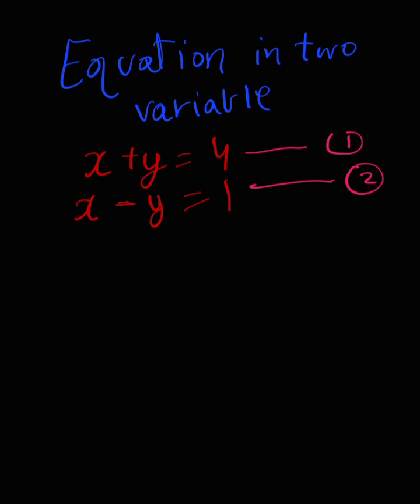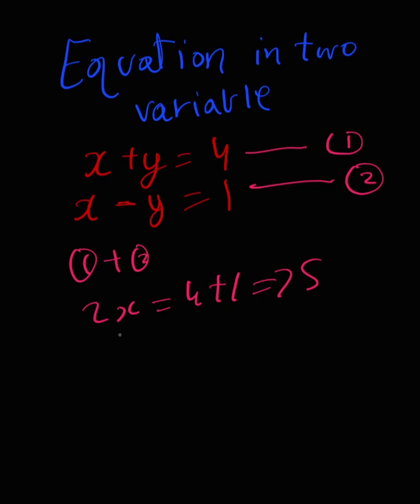So let's add equations 1 and 2 together. What we will get is 2x is equal to 5, or 4 plus 1, which is just 5.